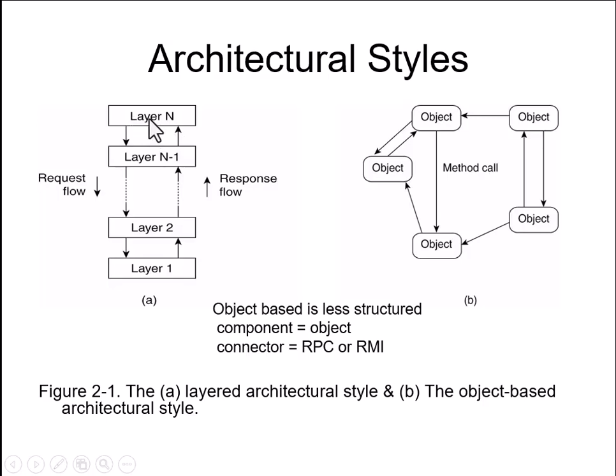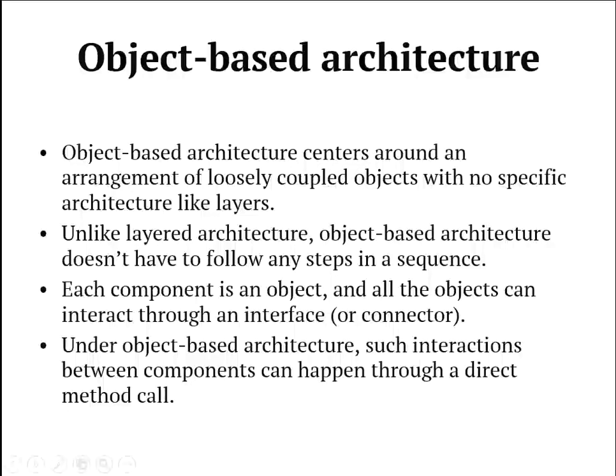For example, there can be one object here, three objects there. So inside one layer, different objects can be embedded. Remember that the object-based approach is less structured as compared to the layer-based approach.